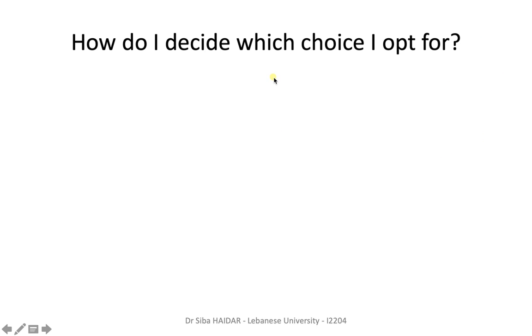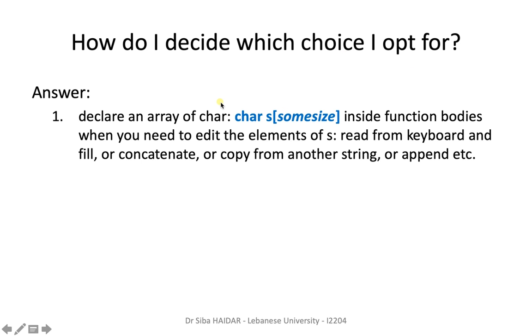So how do I decide which choice I should opt for? The answer is declare an array of characters of some size inside the function bodies when you need to edit the elements of s. For example, read and fill s from the keyboard, or concatenate to obtain your elements, or copy from another string, or append later to the string.